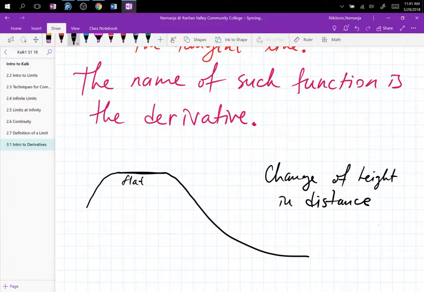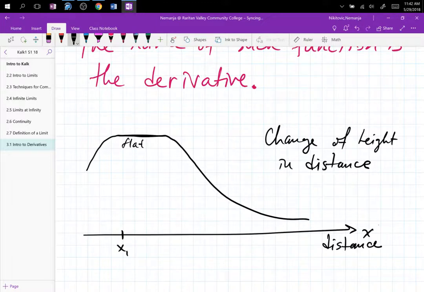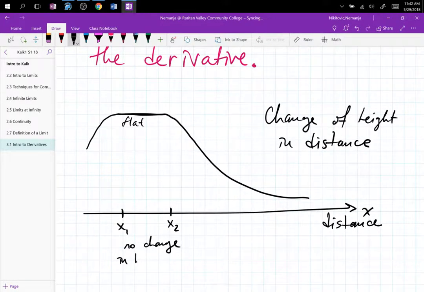Now, let's take a change of height in distance. As I go, let me put the distance, so this is your x-axis, and I'll call that distance, displacement. Now, observe that from x1 to x2, there is no change in height.